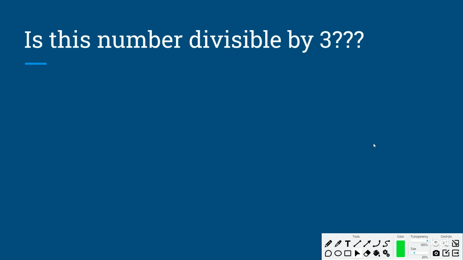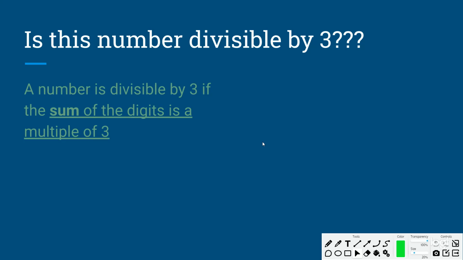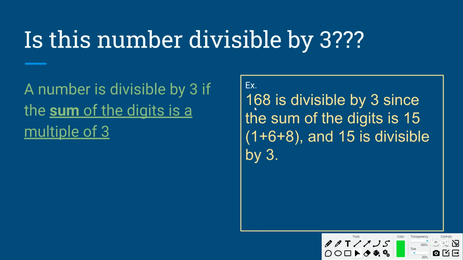The next one is, is this number divisible by 3? And the rule for 3 is a number is divisible by 3 if the sum of the digits is a multiple of 3. So the example is going to help explain this a little bit more. If I have 168, we know that this number here is divisible by 3 since the sum of its digits is 15.